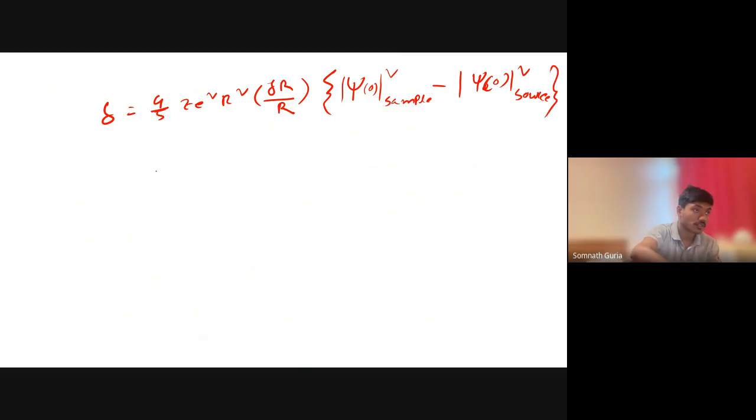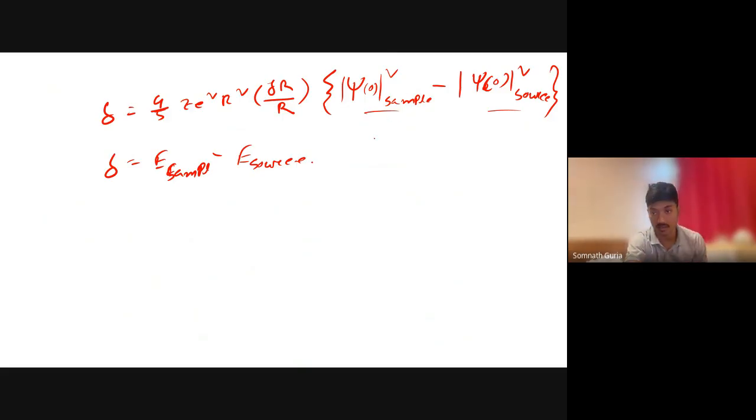That means this delta energy difference is mainly E of sample minus E of source. As my sample has a defined electron density and the source has a defined electron density, similarly the nucleus also has a defined electron density. So this term comes into the picture.